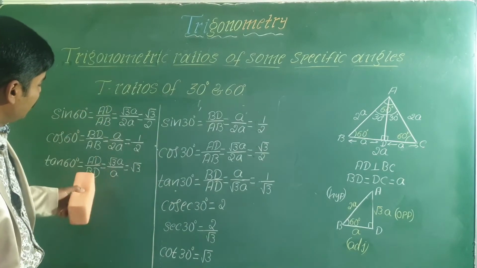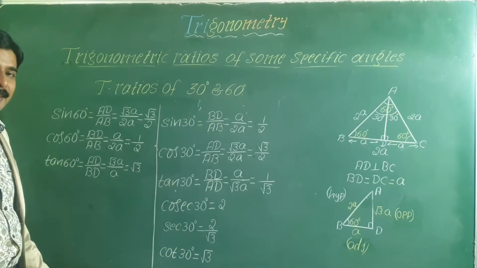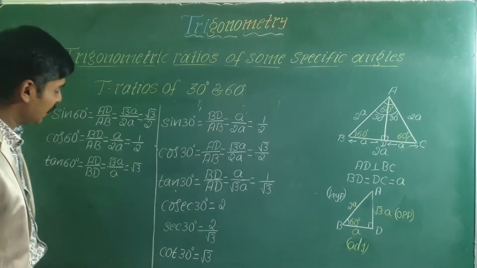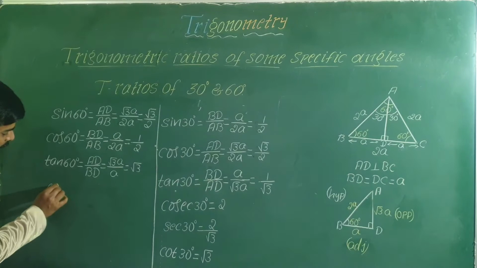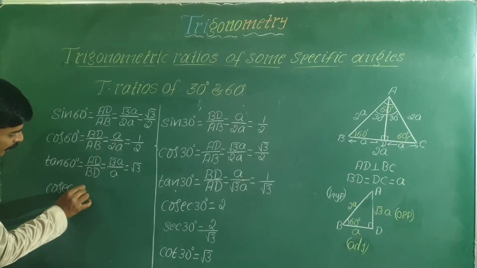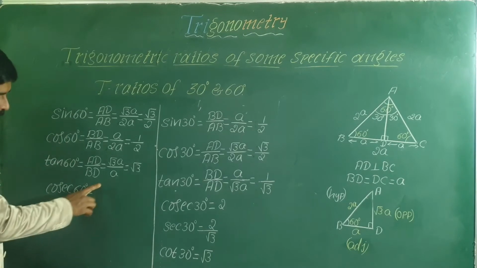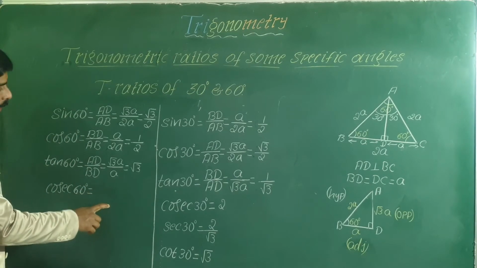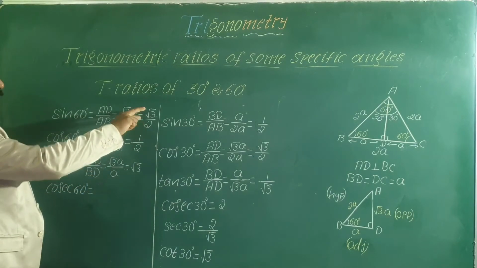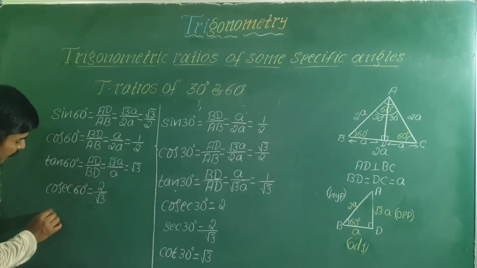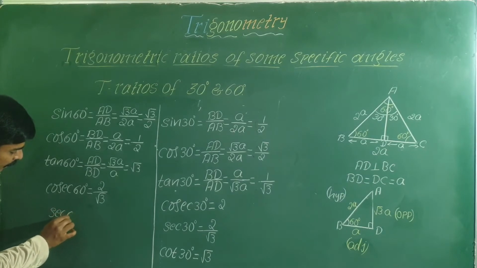Now once we know sine 60, cos 60, tan 60, we can write cosecant 60, secant 60 and cot 60. Let us write cosecant 60. Cosecant is the reciprocal of sine 60. So cosecant 60 degree is 1 by sine 60 degree. What is the reciprocal of root 3 by 2? It is 2 by root 3. Next, secant 60 degree.